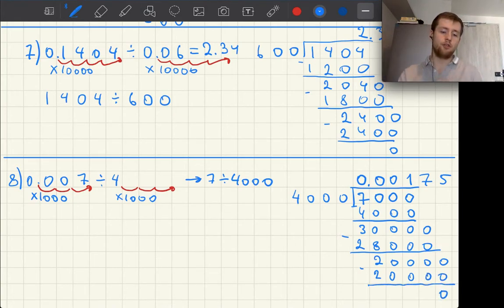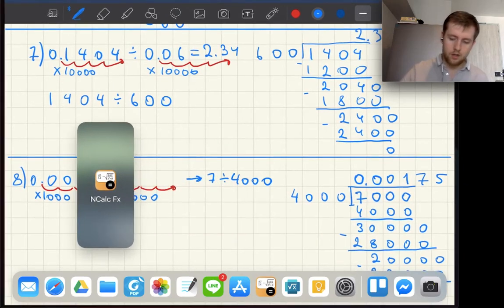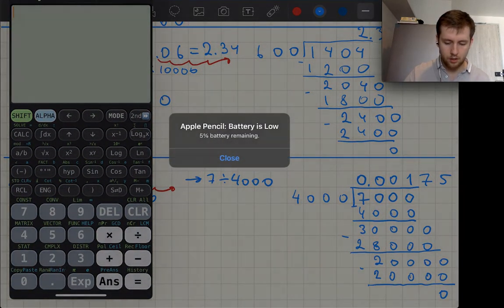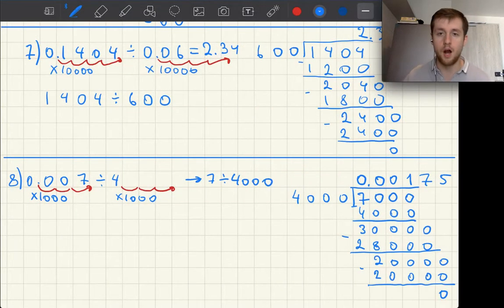Remember, these answers, you can always check them on calculator. So we can just get the calculator and check it. 0.007 divided by 4. That's gonna be 0.00175.